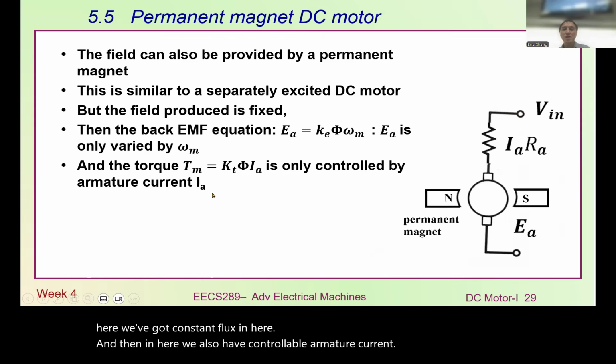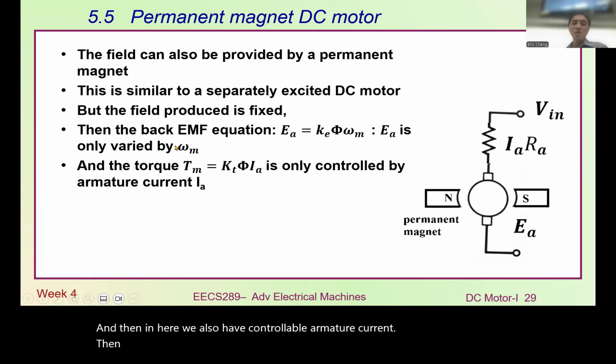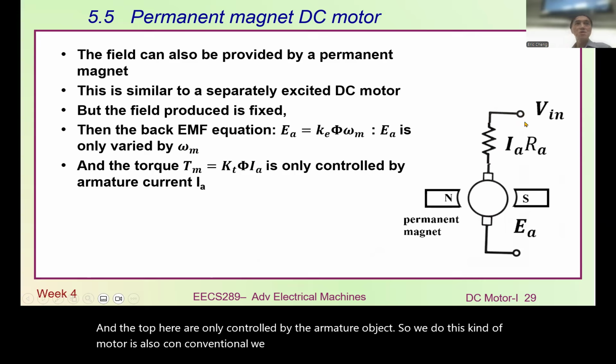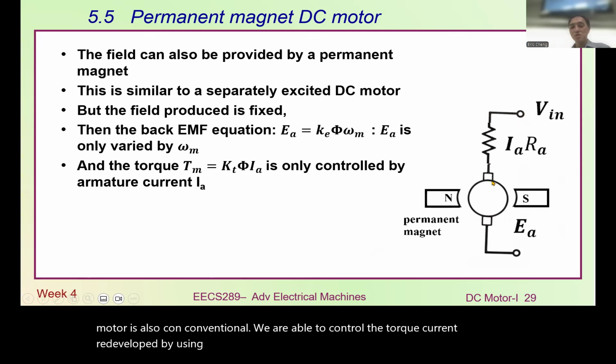Then the armature voltage can be used to adjust the motor speed. This kind of motor is also conventional. We are able to control the torque current really well by using input voltage.